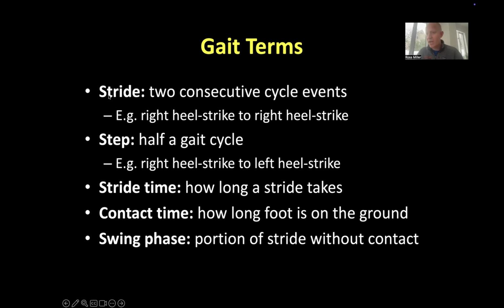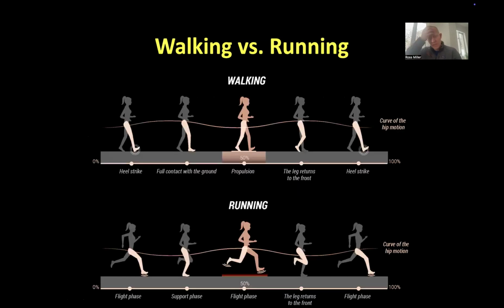Okay, so stride, whole cycle, step, half a cycle, stride time, how long the whole thing takes, contact time, how much of that time is spent with your foot on the ground, and then swing phase, how much of it is not with the foot on the ground, how much time you're airborne.